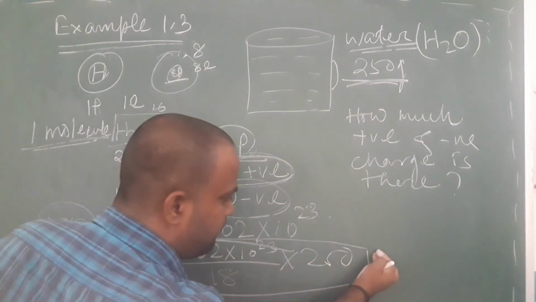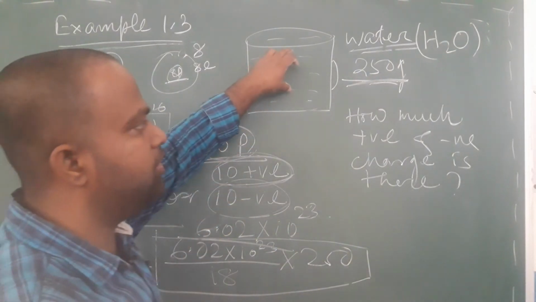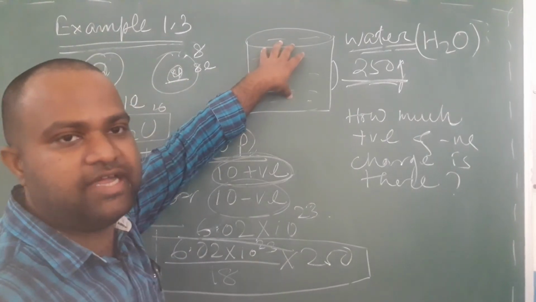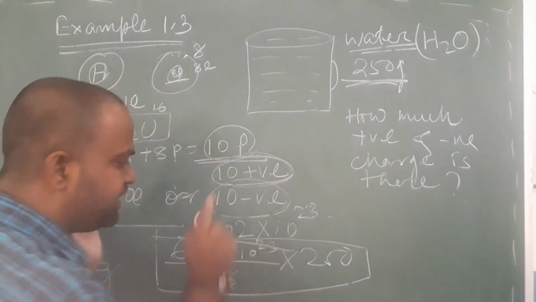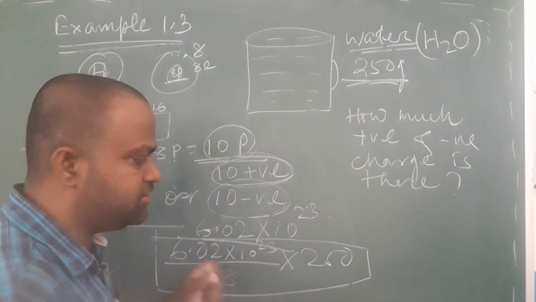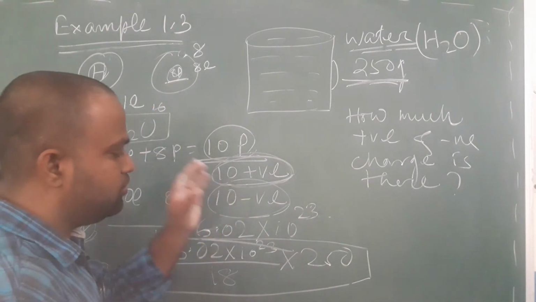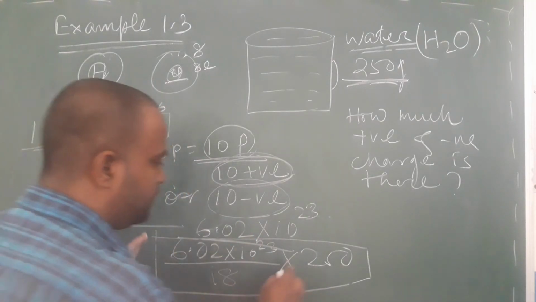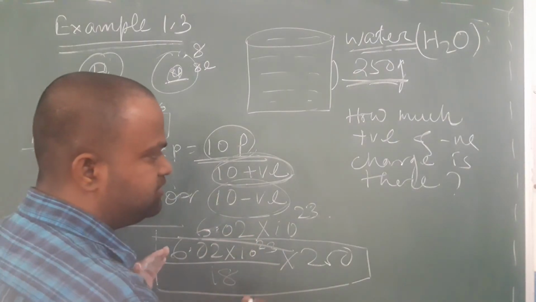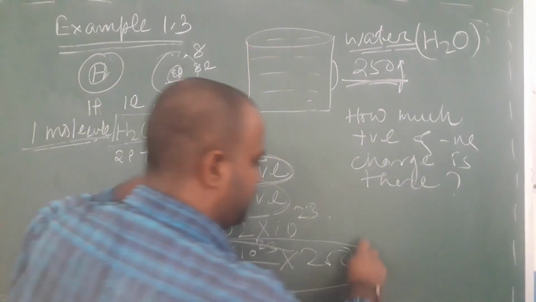This is the number of H2O molecules inside your cup of water. As each molecule contains 10 positive charges and 10 negative charges, let us calculate first for the positive charges. So the total number of positive charges inside this cup is this number into 10.